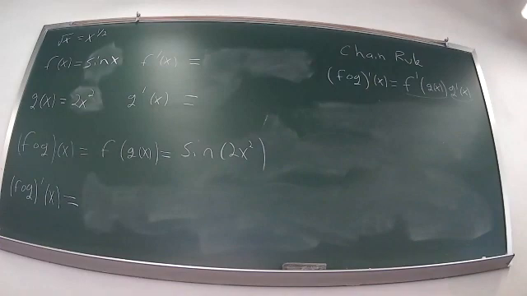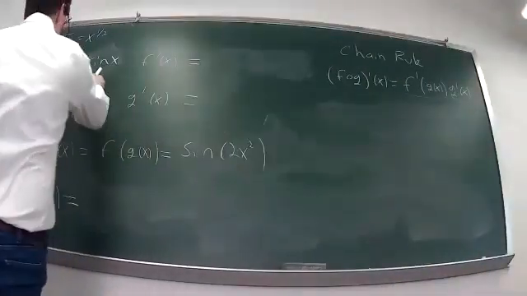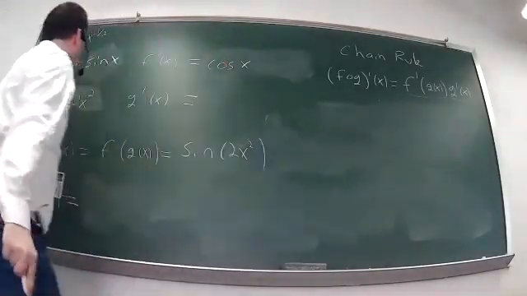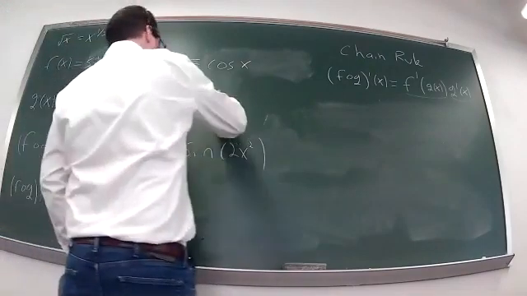Okay, after giving you a few moments, I'll share my result too. So we remember from last time that the derivative of sine of x is cosine of x, and the derivative of g of x is going to be 4 times x.